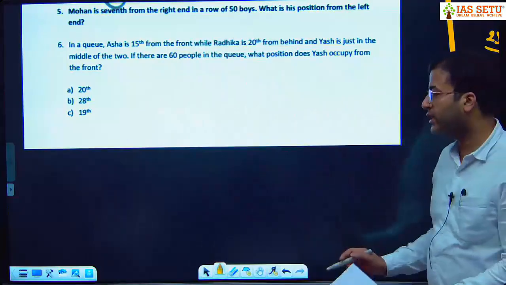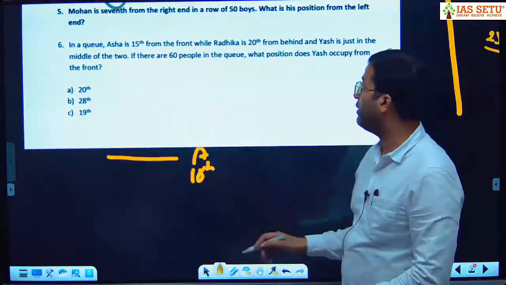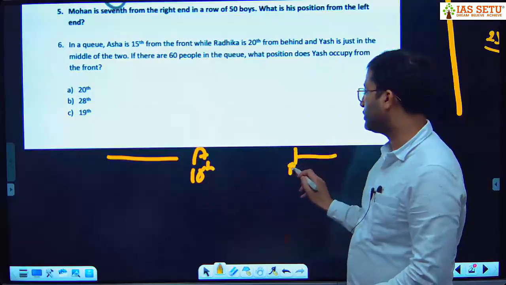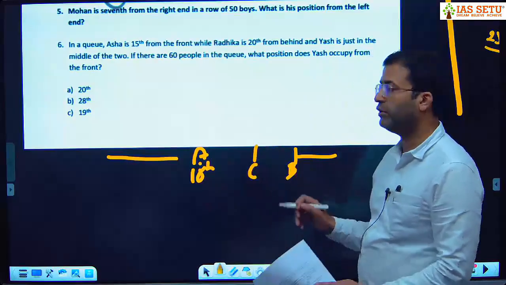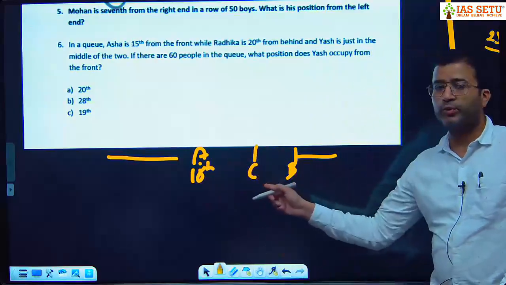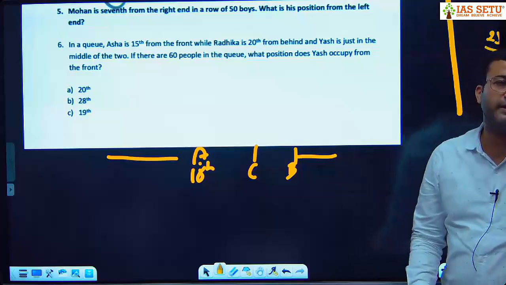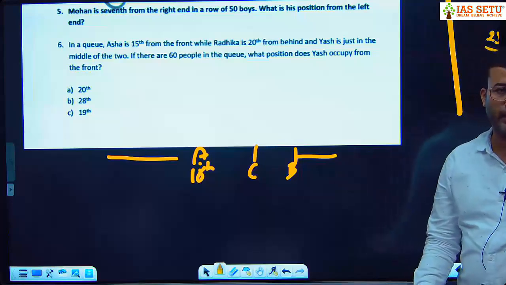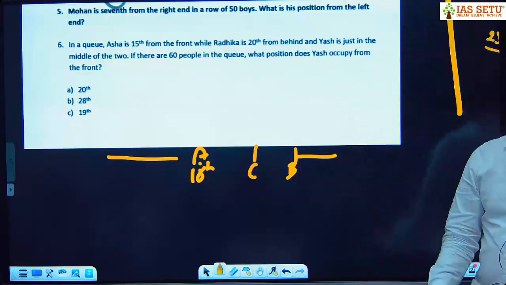It's like A is 15th from the left, B is 20th from the behind, and C is just in the middle of A and B. What is the position of C from the front or from the left or from the right? This type of question.